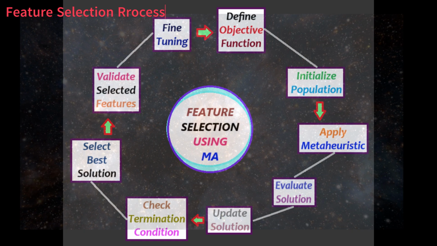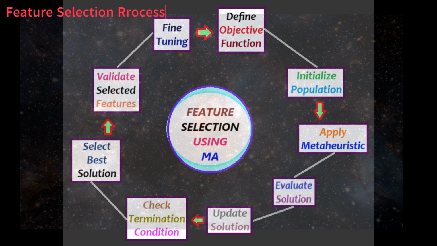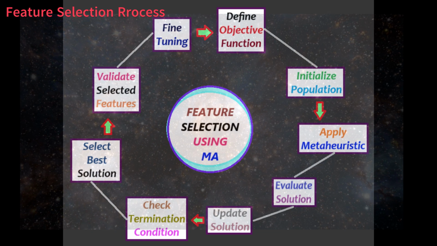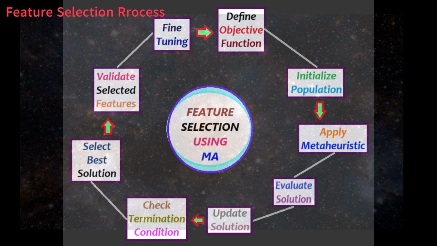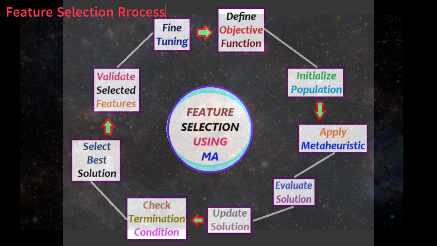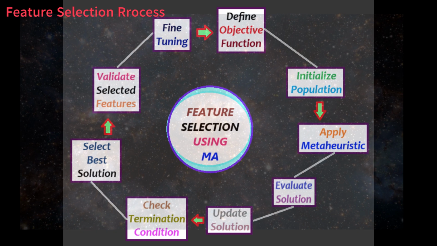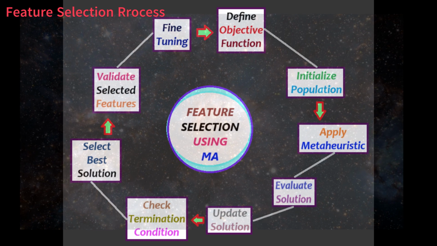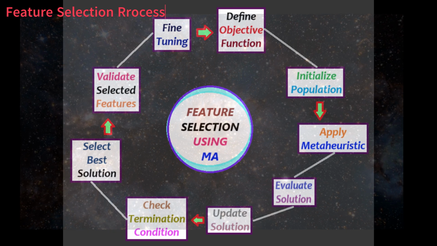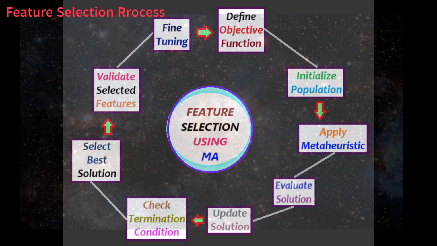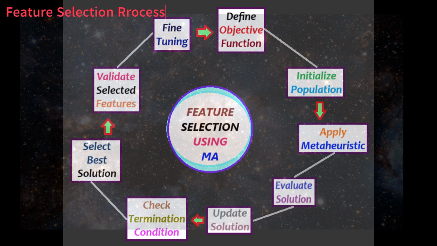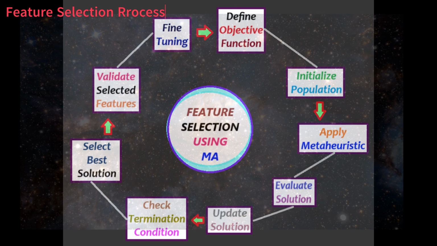When you have the objective function, you can initialize the population randomly in the search space. In the population, each agent holds a feature subset. Then we apply the algorithm, whatever algorithm you want to use: PSO, GWO, genetic algorithm, or any other. The algorithm will iteratively explore the solution space to find the optimal or near optimal solution.